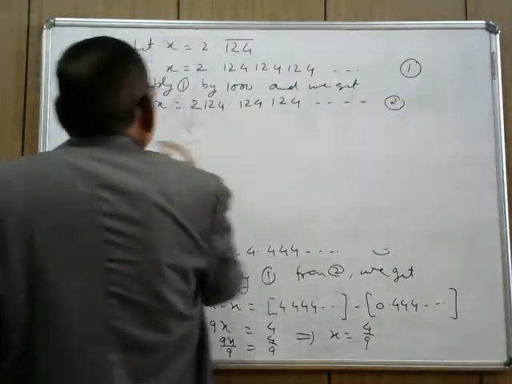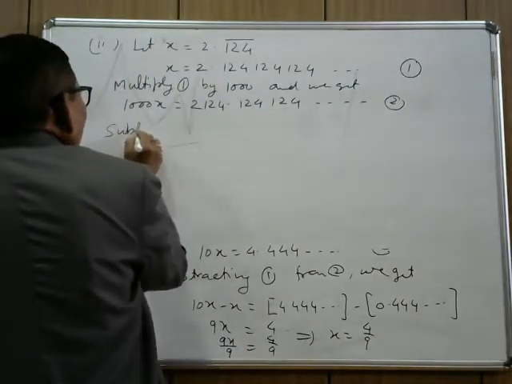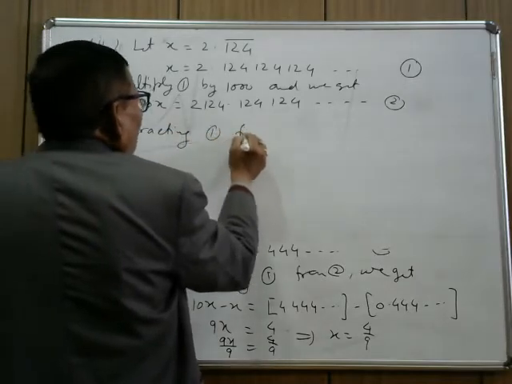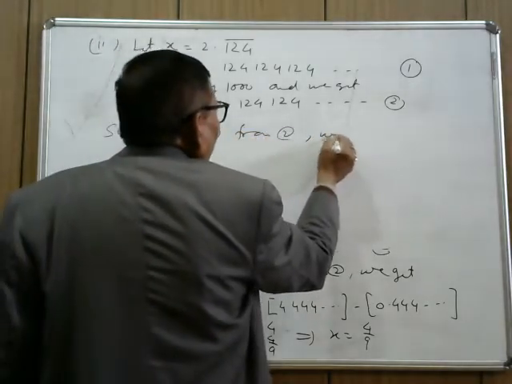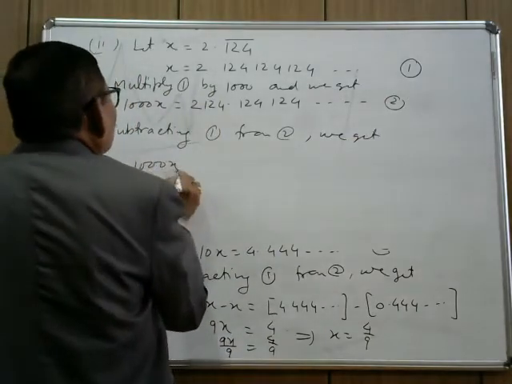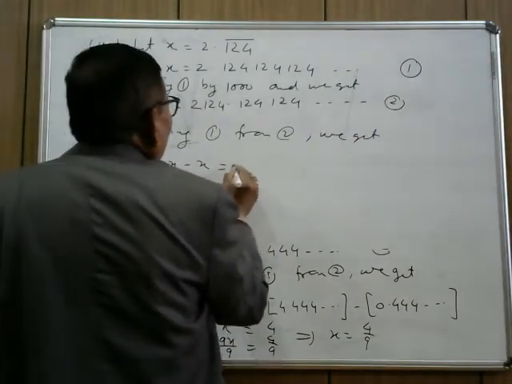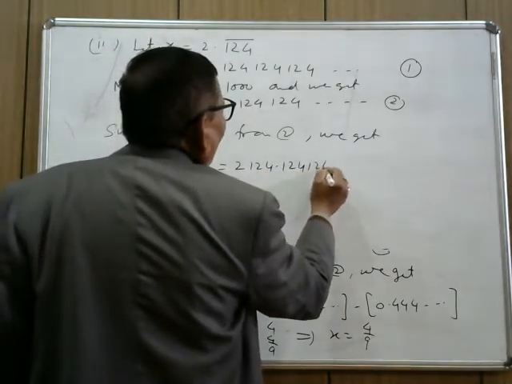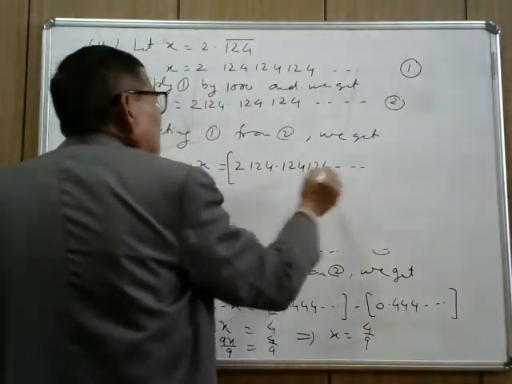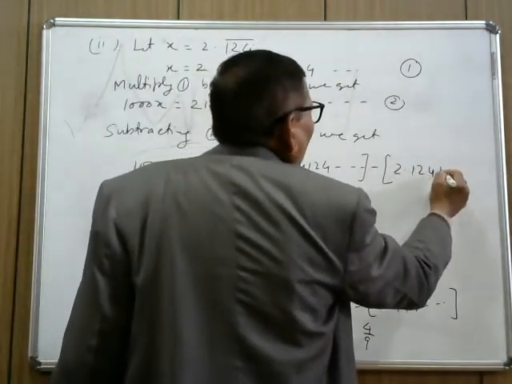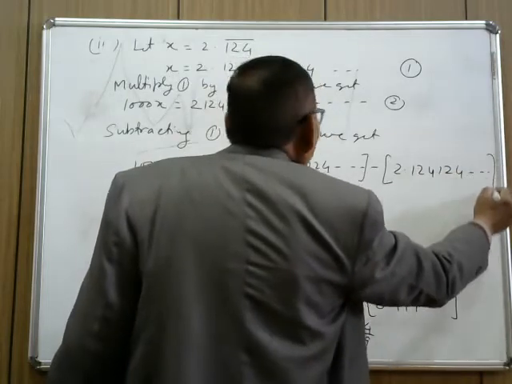Subtracting 1 from 2, we get 1000x minus x is equal to 2124.124, 124 and so on, minus 2.124, 124 and so on.